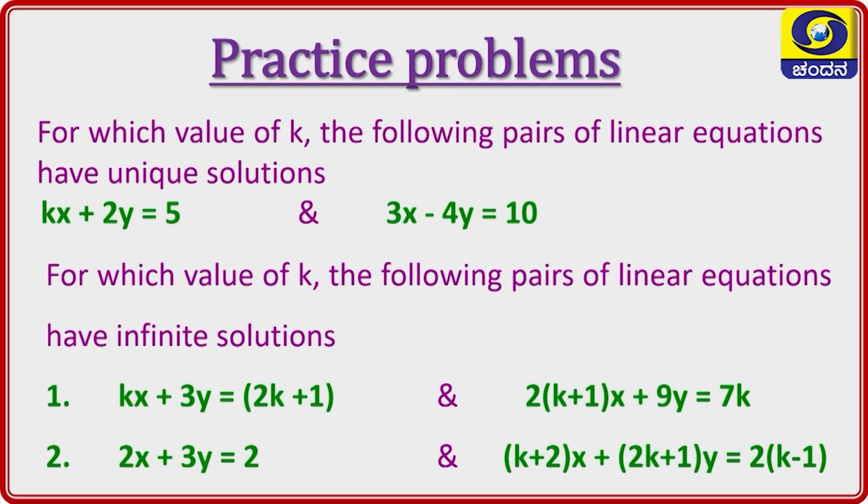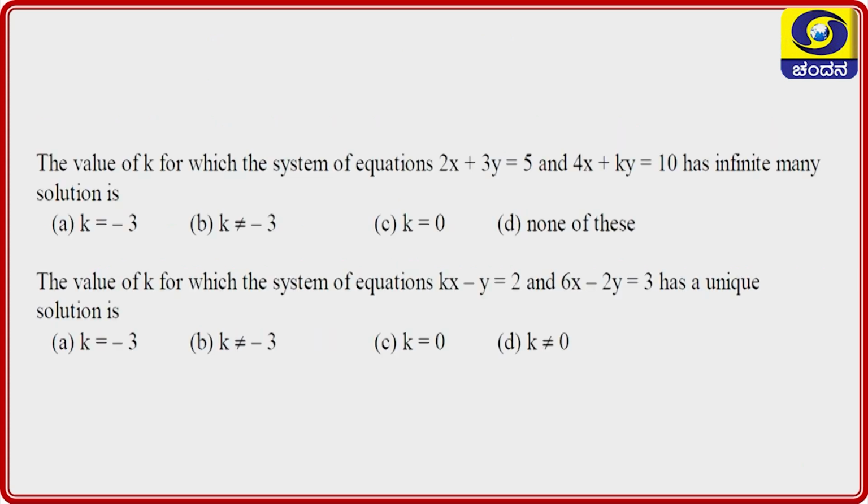So second problem, same, infinite solutions. 2x plus 3y is equal to 2. Second equation, (k plus 2) into x plus (2k plus 1) into y is equal to 2 into (k minus 1).